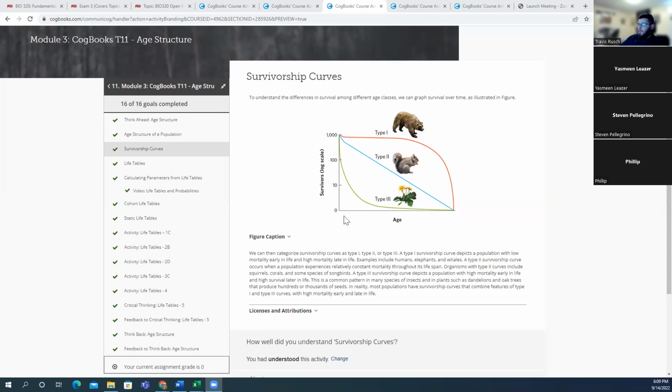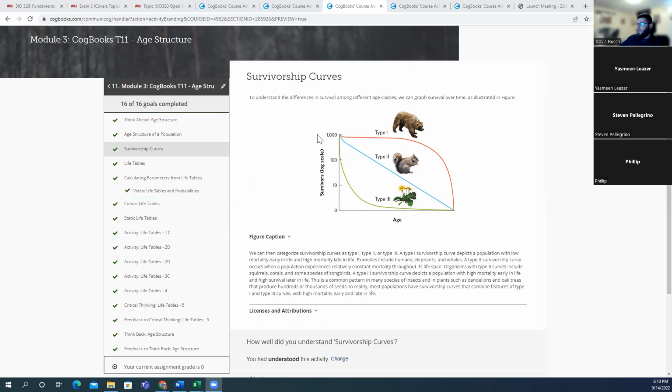So if we look at this figure, where is the highest survivorship for a type 1 organism in relation to age? Yeah, young, right? So they have low mortality or high survivorship when they're young, and then it drops off when they get older.